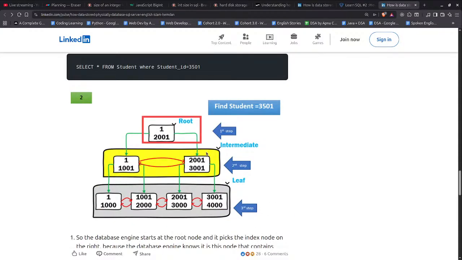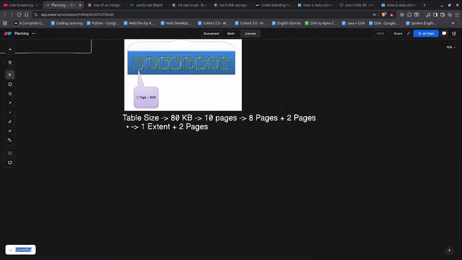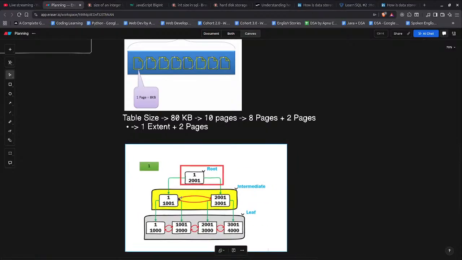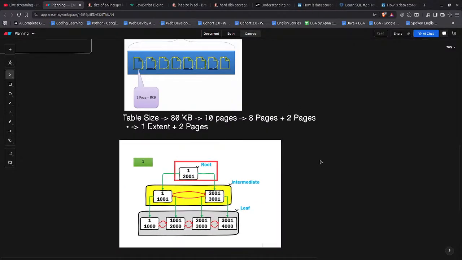So ultimately, we have to make sure that it does contain that. Okay, so when it comes to this, we have clustered indexes, and they're going to be here.